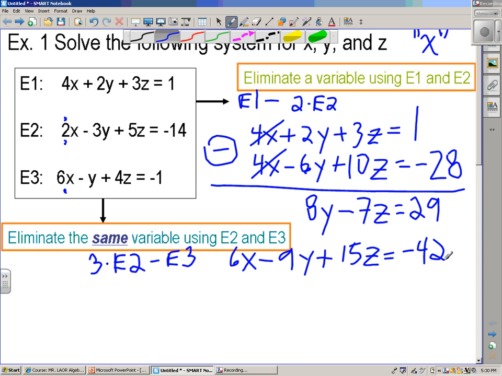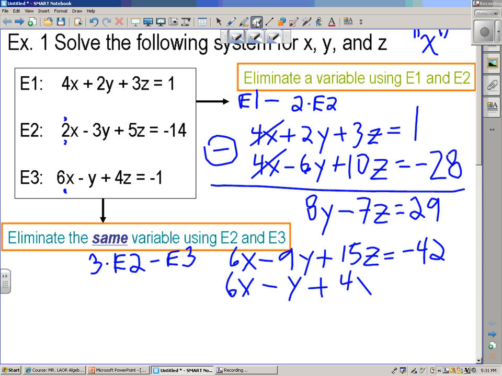So I tripled everything, and now equation 3 looks like this: 6x minus y plus 4z is equal to negative 1.